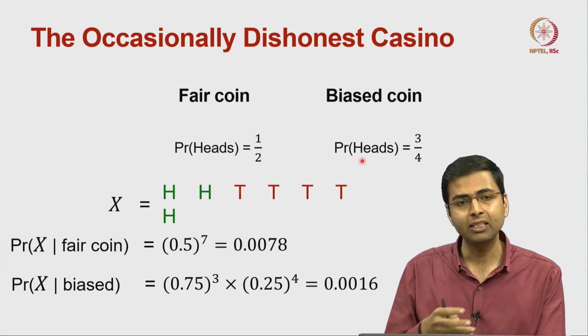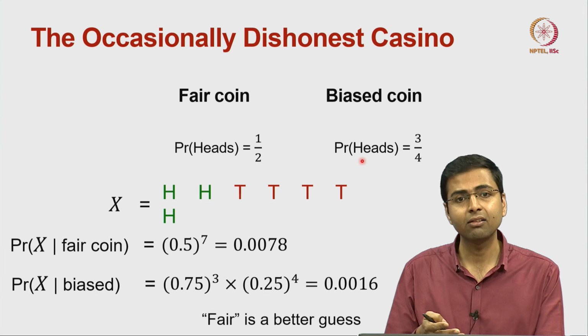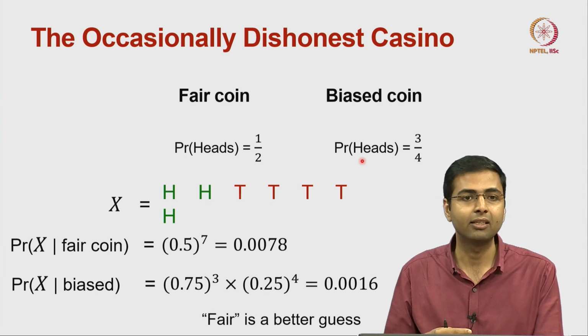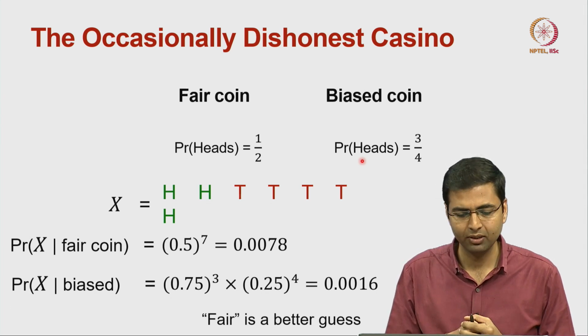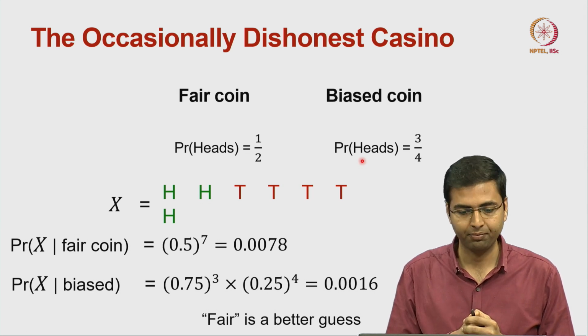So, because of these probability values, we can say that the fair coin is a better guess, that is the dealer is more likely to have used a fair coin given this observation.